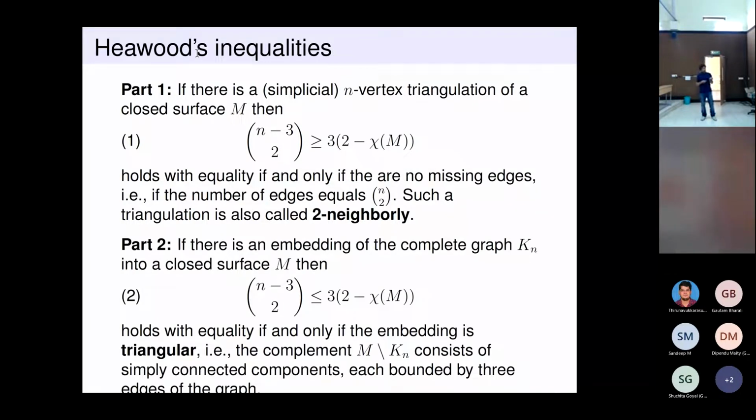It's called two-neighborly. And similarly, for two-dimensional surfaces, you ask how big a complete graph can you embed, and again the upper bound on the size of the complete graph is given in terms of the Euler characteristic, and you can see that these are actually the same.